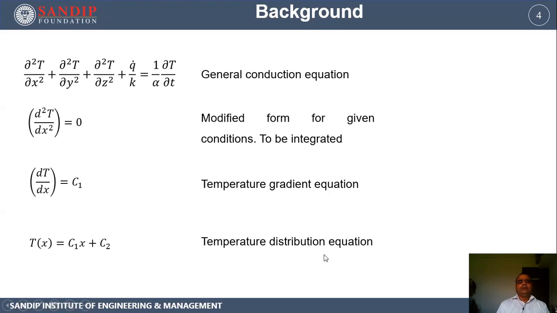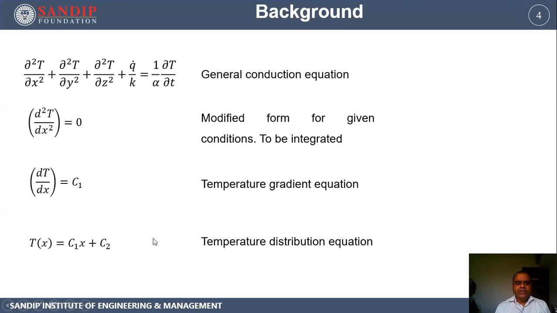Now the next step is to find out the solution. By solution I mean finding the values of the constants C1 and C2. Once you know the values of C1 and C2, you can substitute them in the temperature distribution equation and temperature gradient equation to find the temperature gradient as well as temperature distribution at any location in the object.